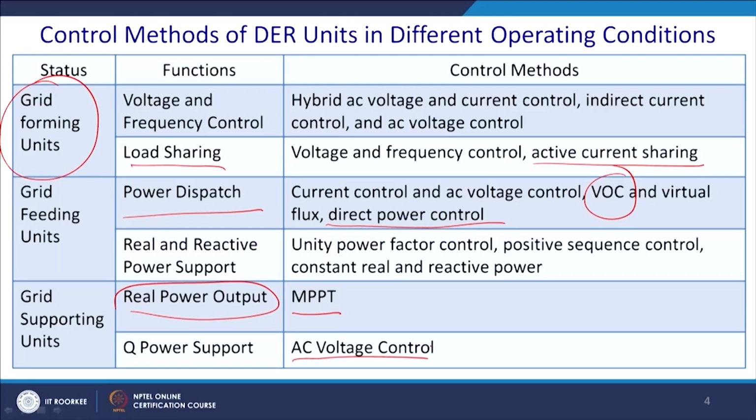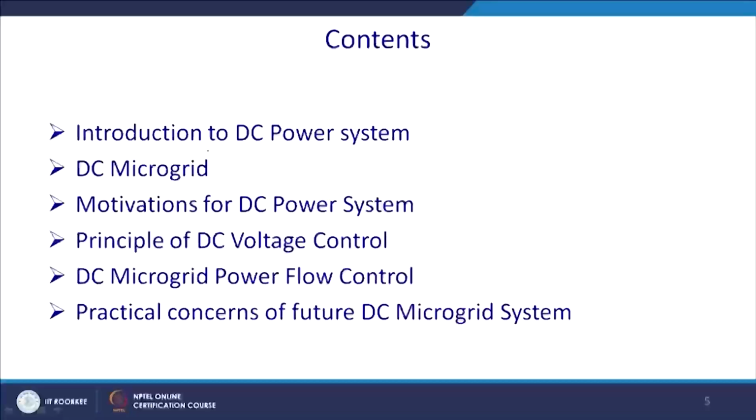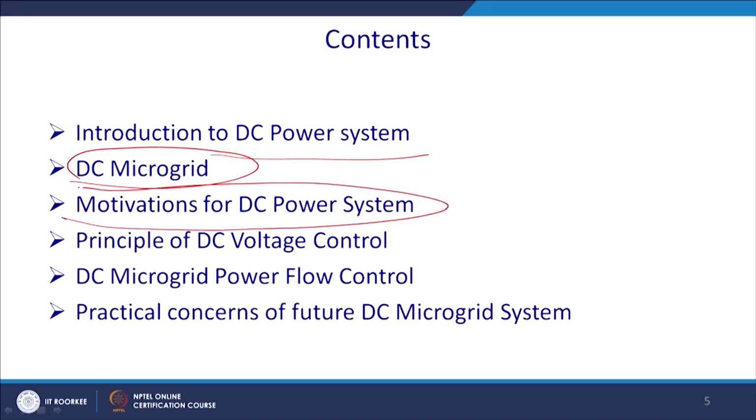Now, we shall switch over to the DC microgrid. In the DC microgrid, we will discuss the introduction to the DC power system, and we shall see what the difference is between what Edison proposed and the DC microgrid now. And the motivation for the DC microgrid system, even though the world is done in AC.